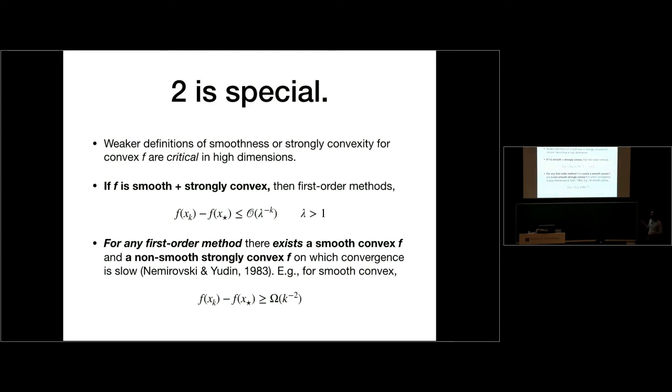For example, for smooth convex functions, you can show that the difference of the function values is lower bounded by 1 over k squared. In other words, there exists a convex function for any method that forces you to go at that rate, which, as we discussed, was slow. So this gives us an answer which we alluded to in the power function special case, which is that it seems like 2 is a special number for convex optimization.